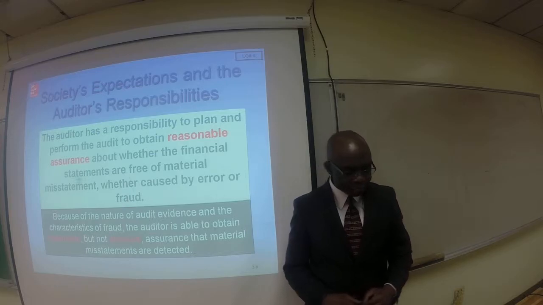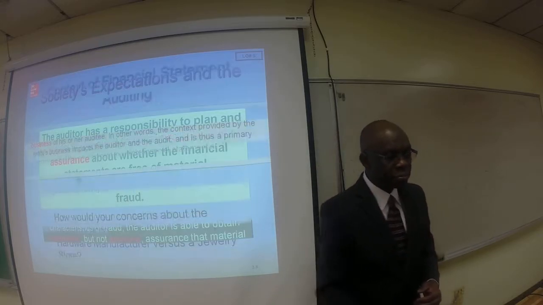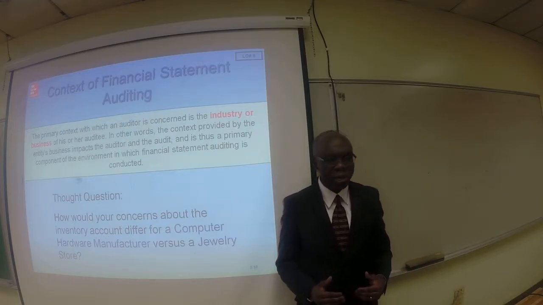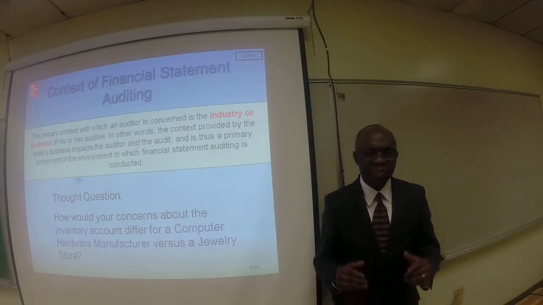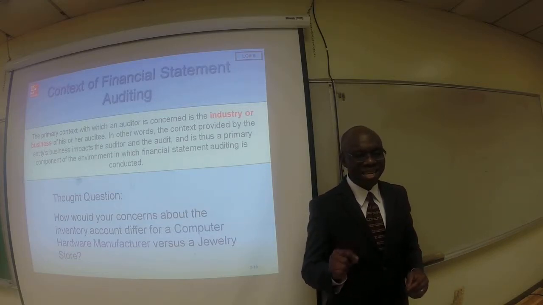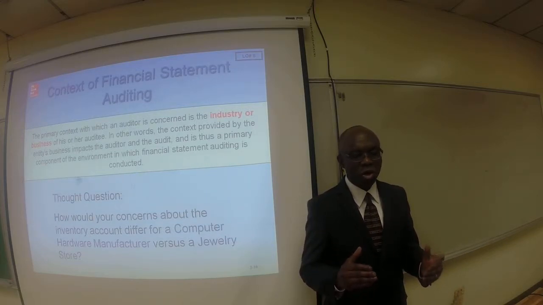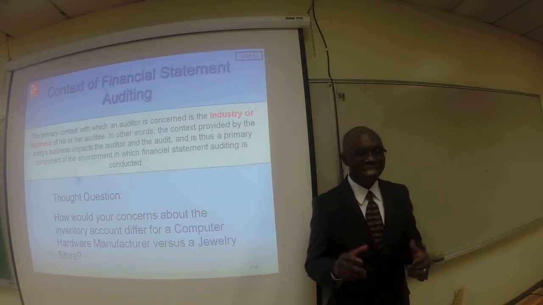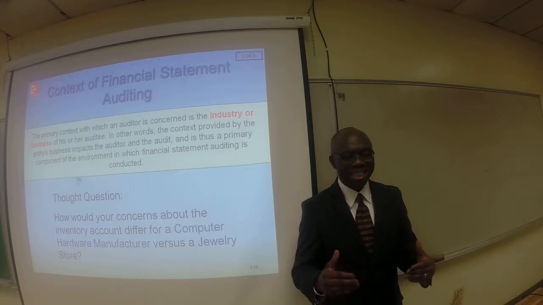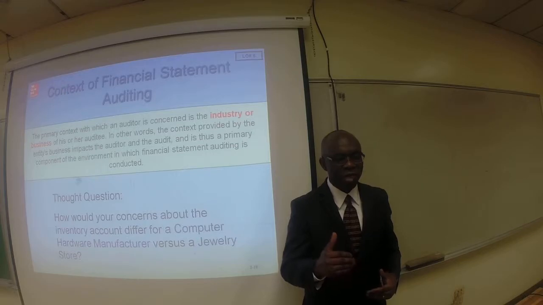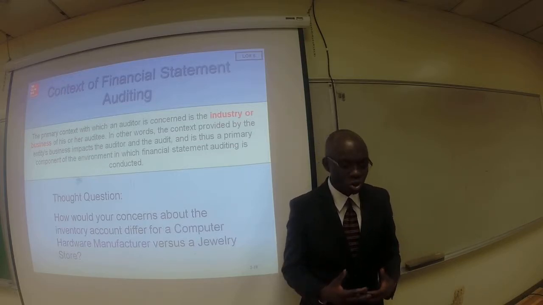So moving along, let's take a look at the context of financial statement auditing. What are we talking about here? We said that the primary context with which an auditor is concerned is the industry or business of his or her auditee. In other words, the context provided by the entity's business impacts the auditor and the audit, and is thus a primary component of the environment in which financial statement auditing is conducted. Now, what does that mean?